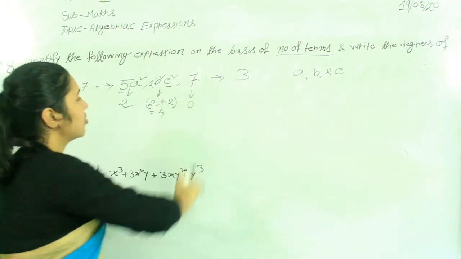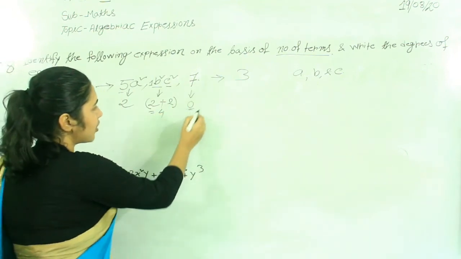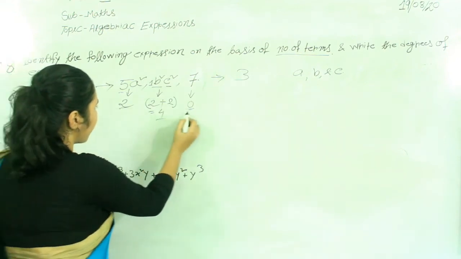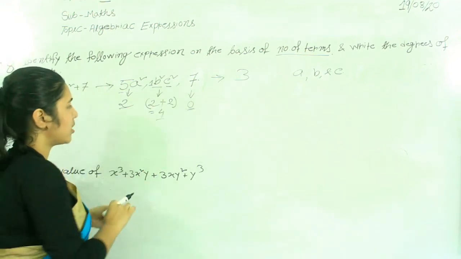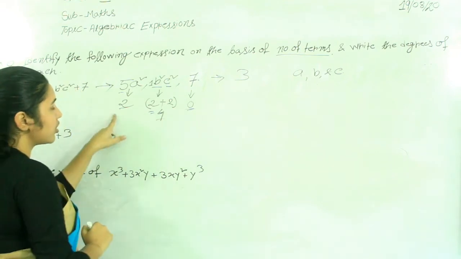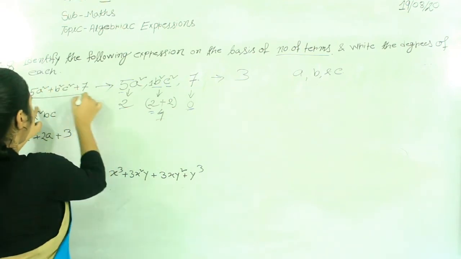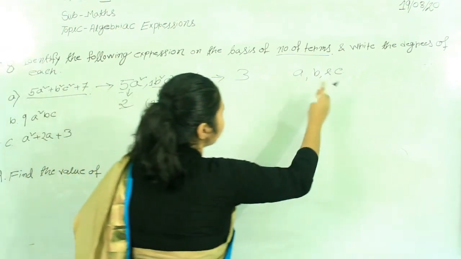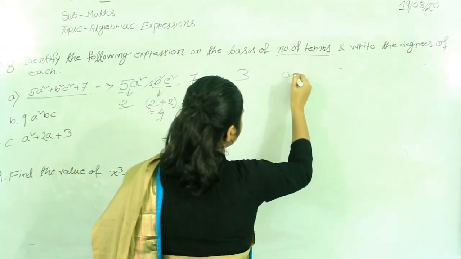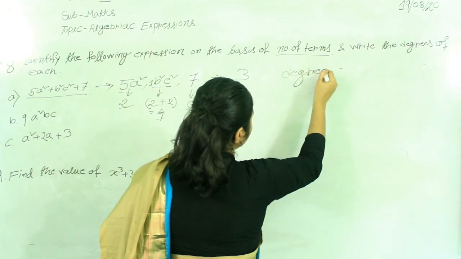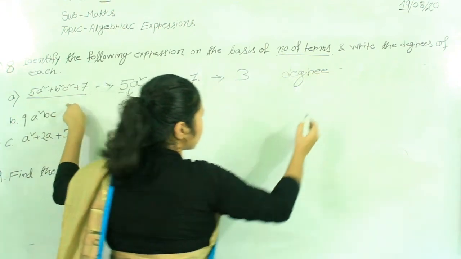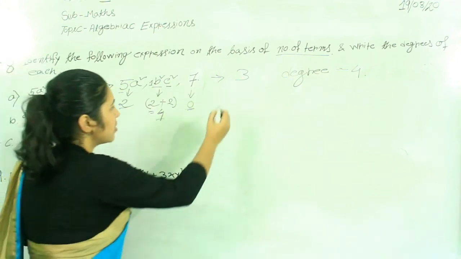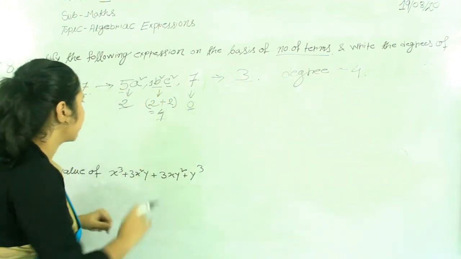So among 2, 4 and 0, 4 is the largest, right? Which means the degree of this expression is 4 and the number of terms is 3.